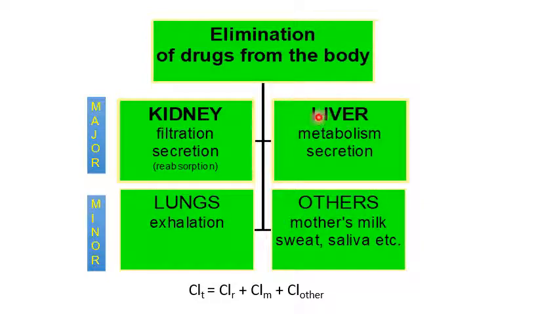The metabolism is not limited to the liver. There might be a chance for drug metabolism within the kidney or other organs, because, as you know, the mechanism of drug metabolism is by the action of enzymes, and some of the enzymes are distributed in all parts of the body. So if a drug is metabolized by a specific enzyme that is also available outside of the liver, there is a chance for this drug to be metabolized in that specific tissue or organ.